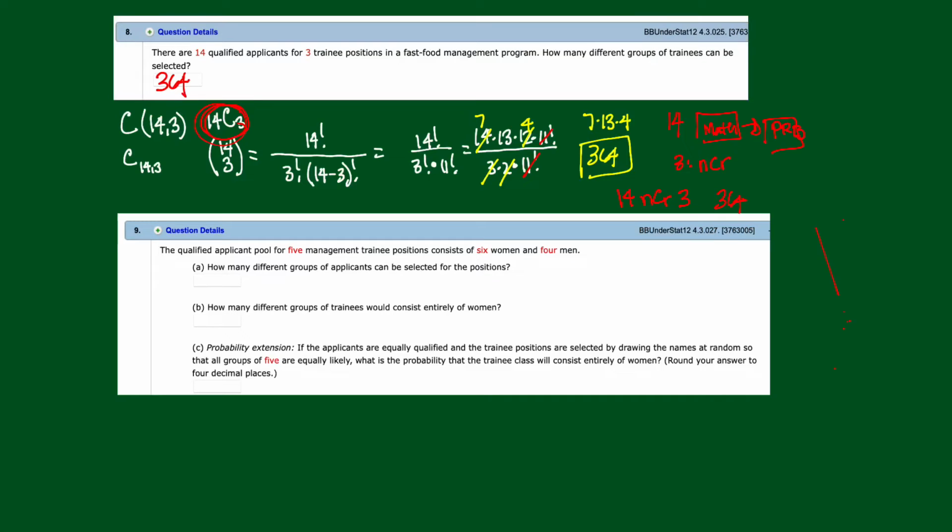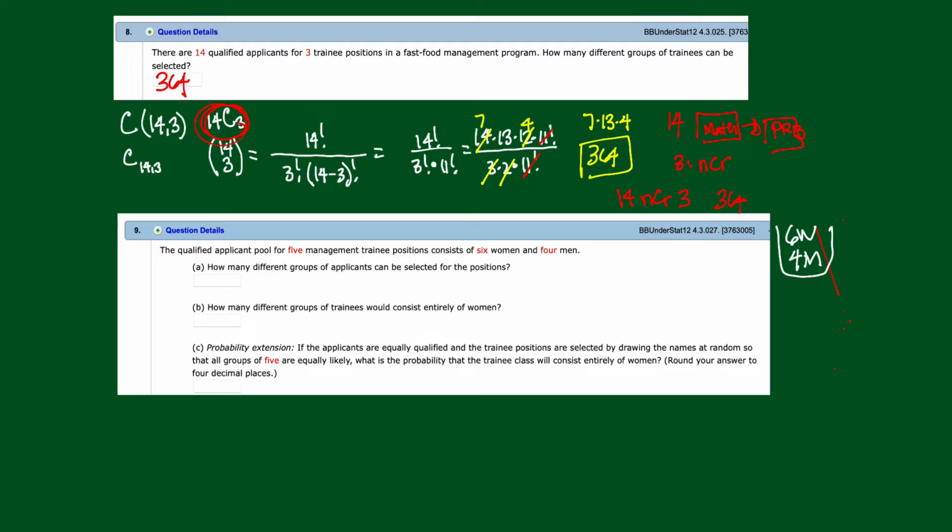Now on to the last problem here, number 9. The qualified applicant pool for 5 management trainee positions consists of 6 women and 4 men. I just like to draw these boxes so I can see what's going on. Part A: how many different groups of applicants can be selected for the positions?